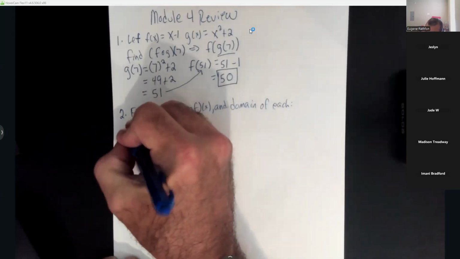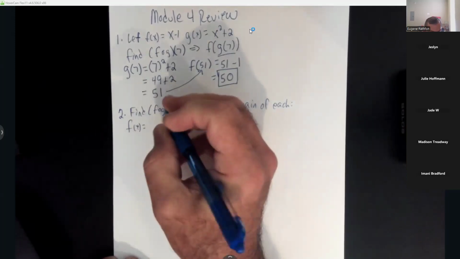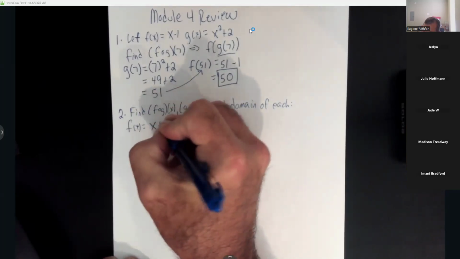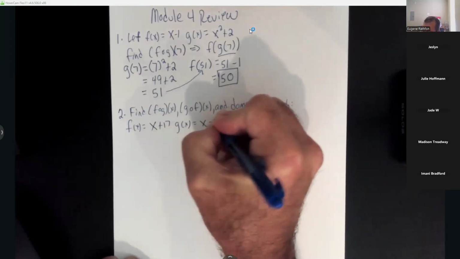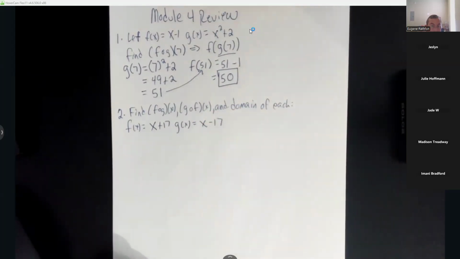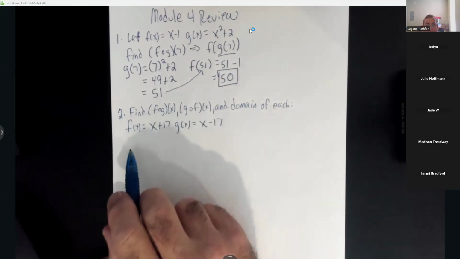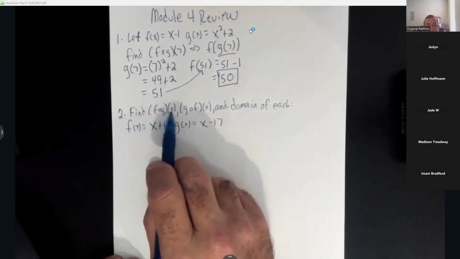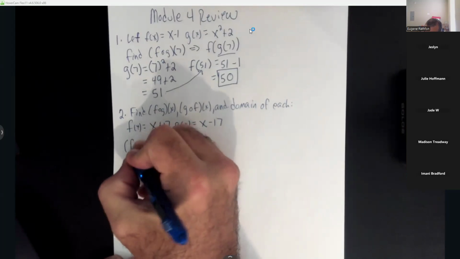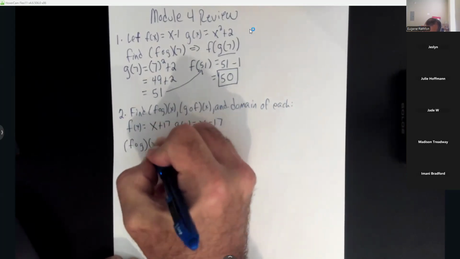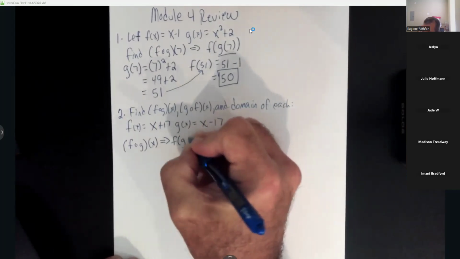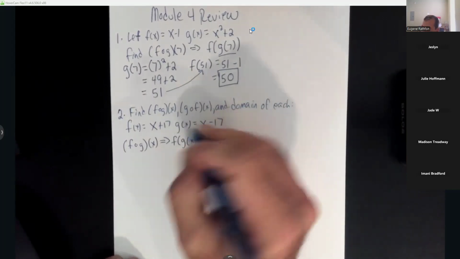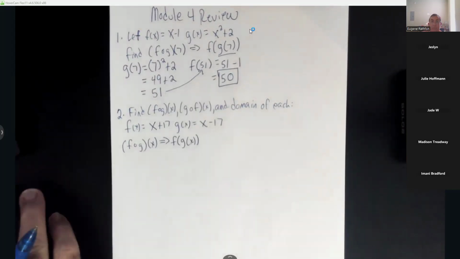So for this problem, f of x is going to equal x plus 17. G of x will equal x minus 17. All right, y'all, so let me start with f composed g of x. Remember, that's like f of g of x, just like that problem I did up here.